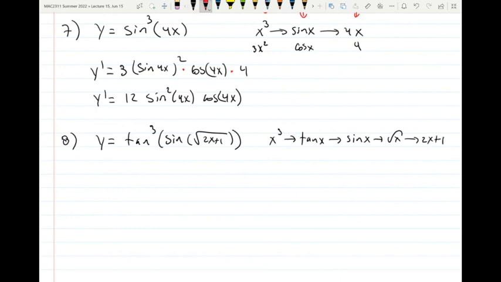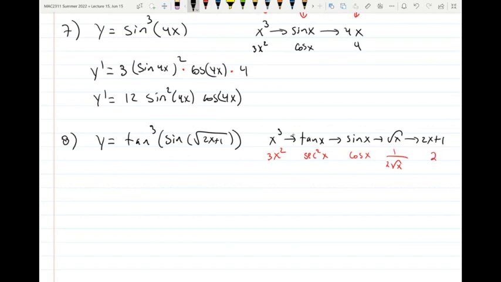Yes? And now, since you know that we're going to need it, let's go ahead and write down the derivative of everybody. Okay? Below. So derivative of x cubed, 3x squared. Derivative of tangent, secant squared, derivative of sine, derivative of square root, and derivative of 2x, 2.